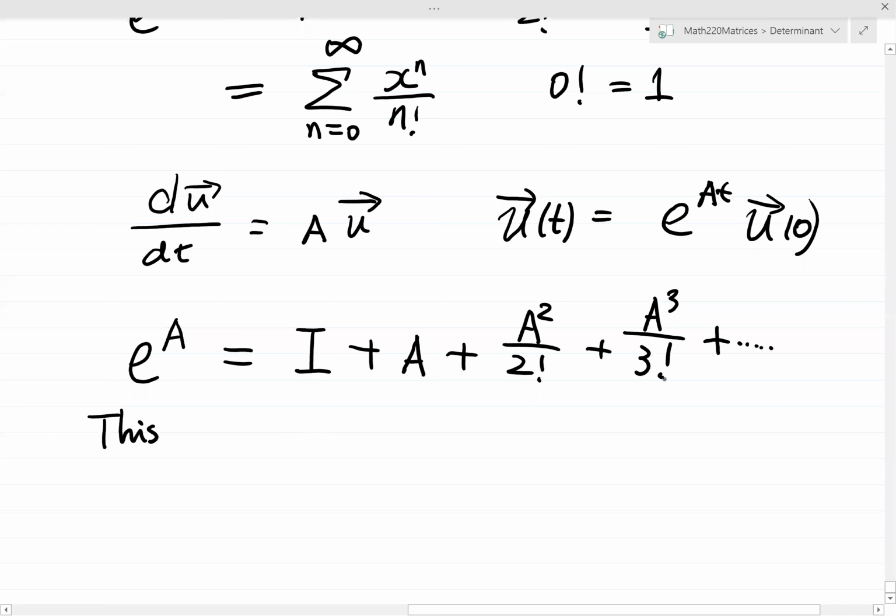The n factorial dominates the matrix multiplication, so this converges. There's no divergence issue at all. It's defined for all square matrices, due to its quick convergence.